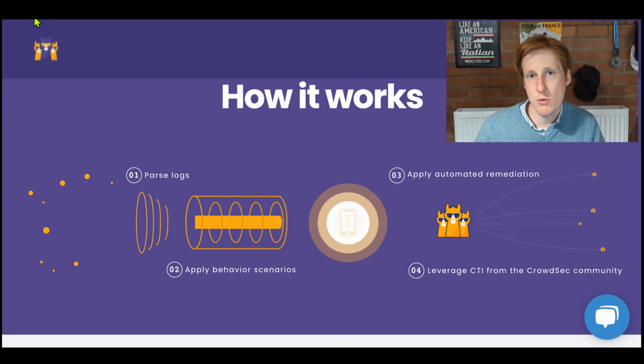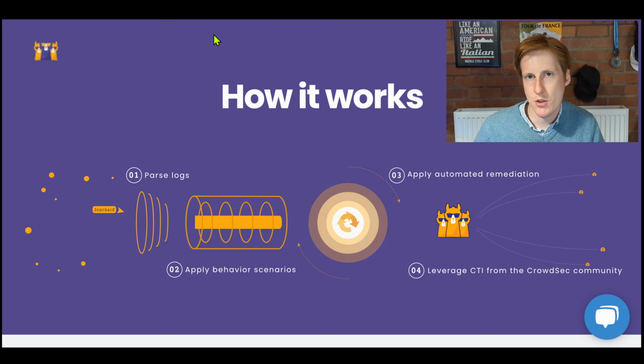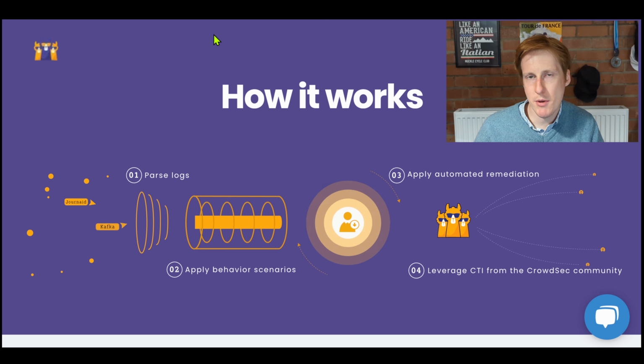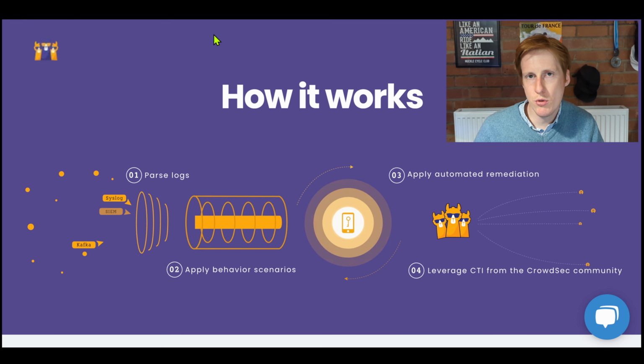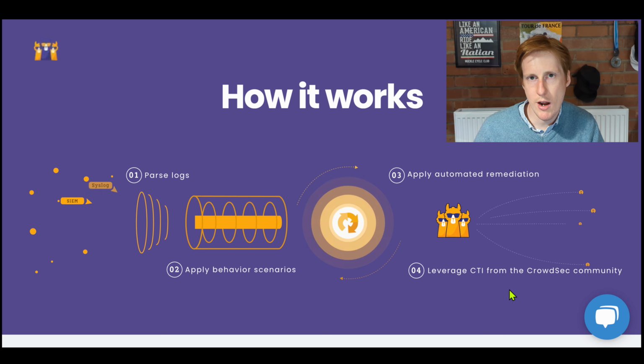The name pretty much spells it out. It's crowd-based security. As I mentioned in my previous video with Sophos XG about how it has real-time threat detection and a real-time database that's updated by all users in the ecosystem, that's the exact same approach Crowdsec takes, except it's vendor agnostic, so it doesn't need a Sophos XG, it simply needs you to feed it some logs.